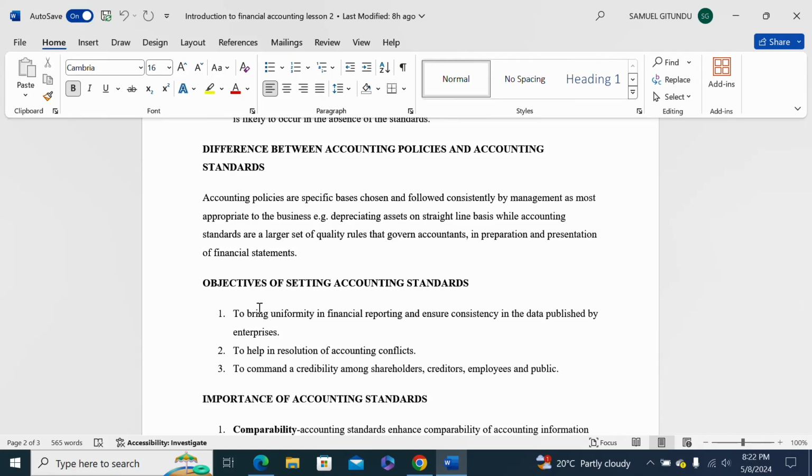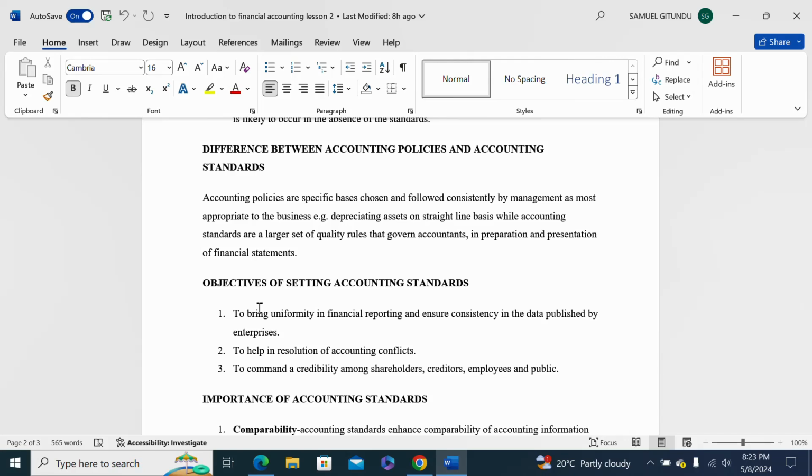And the third objective of setting accounting standards is to command credibility among shareholders, creditors, employees, and the public.